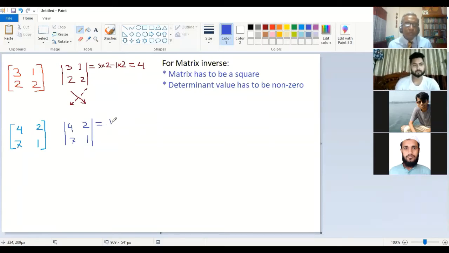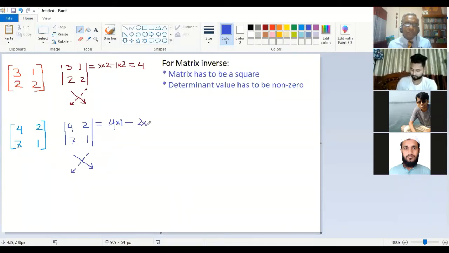Value will be 4 into 1, that is the major diagonal. We say this major diagonal, left top corner to right bottom, will come first, and then second is the minus thing, and then it will be 2 into 7.